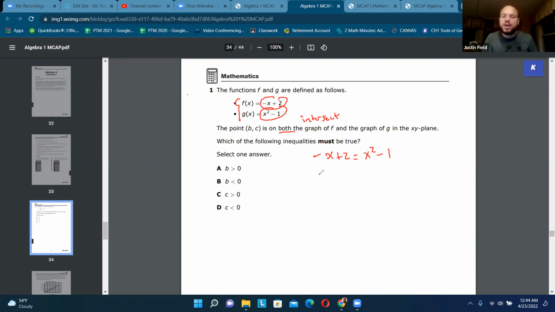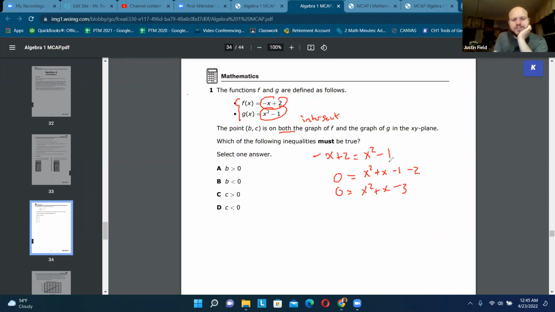Let's get everything on one side and 0 on the other side, because that's how we solve a quadratic. I'm going to get everything on the right side, so I have a positive x squared. So x squared plus x minus 1 minus 2, so x squared plus x minus 3.